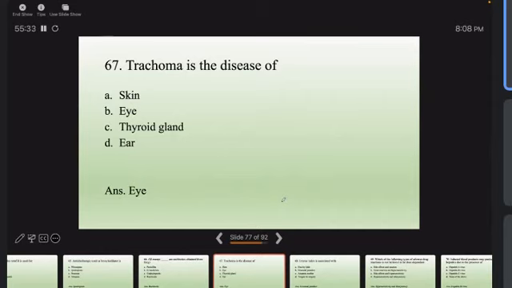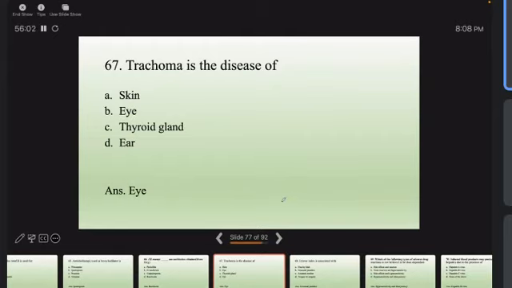Otitis media: you may have severe ear pain along with neck pain and fever. It's a very common condition in people who use earbuds very regularly, and very common in children also. So otitis media is one major disease of the ear.